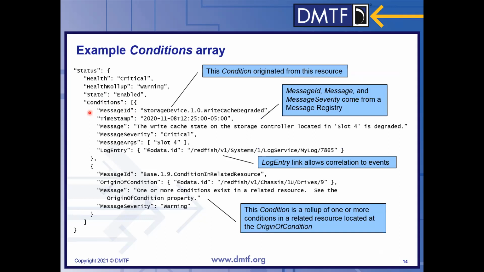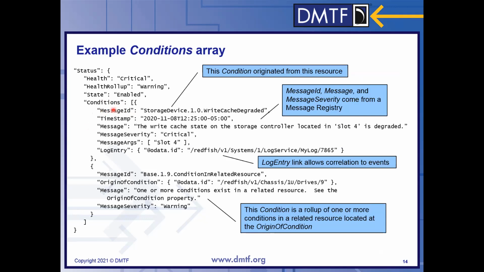So again, stressing the fact that this might look like a log because it has a timestamp associated with it, and it has event messaging that we also expect to find in a log. But this is really just to reflect the state of the resource, not to act as a log that you need to clear later.